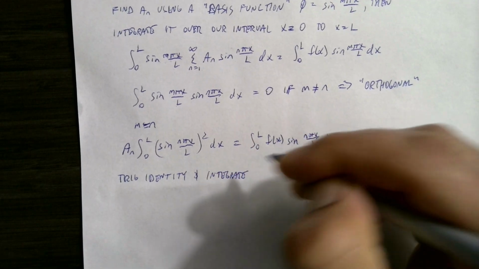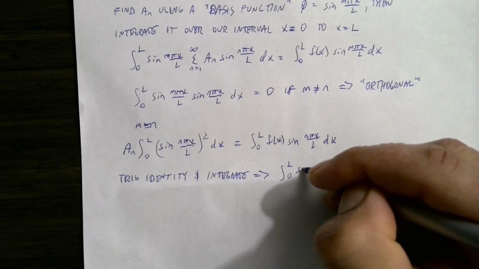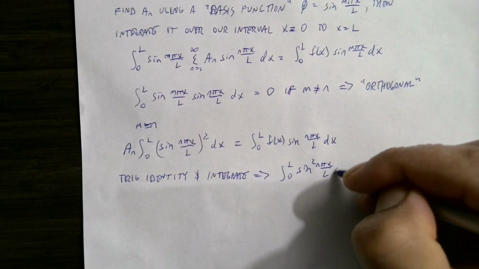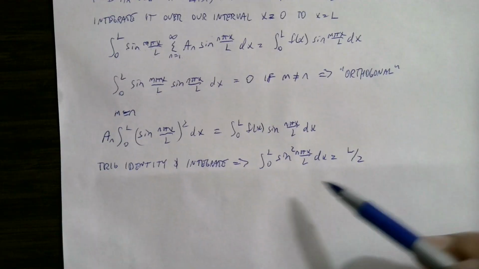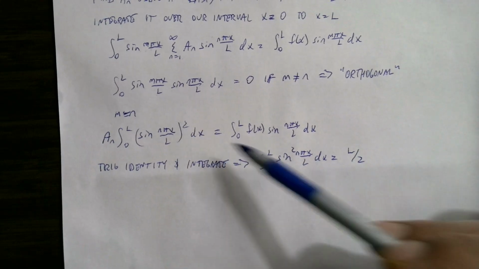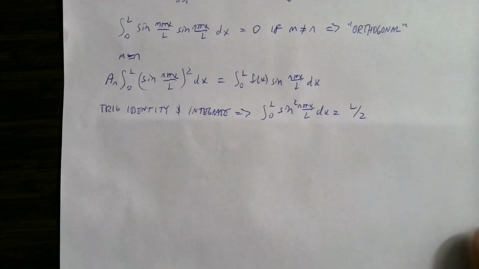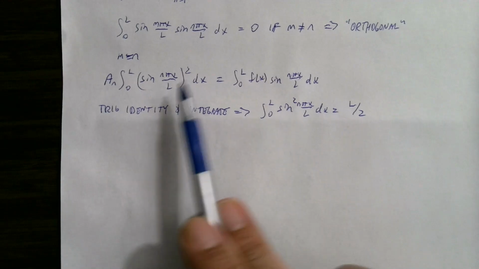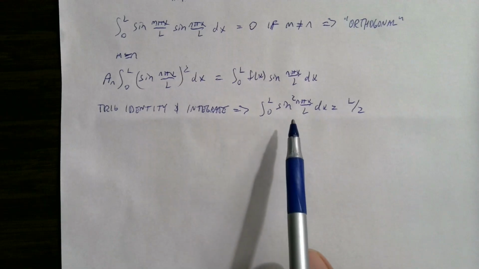Okay, you have to do integration by parts, and we get that this integral of sine squared of n pi x over L is equal to just L over 2 if you go through and do this. I'm not going to show these steps again because this isn't really anything that should be new. It's just a matter of doing some trig and some calculus, and you can go look at other videos if you need to do this on your own.